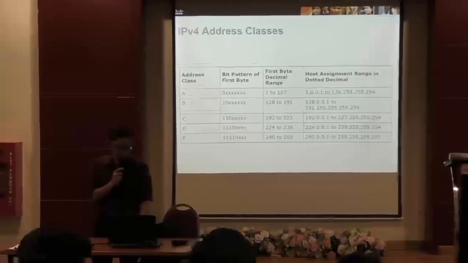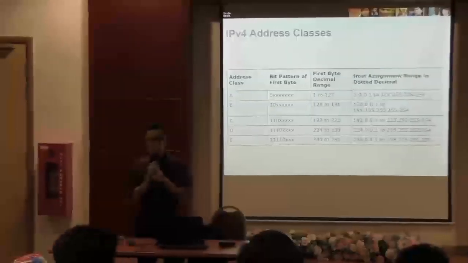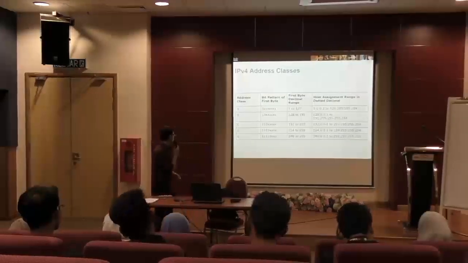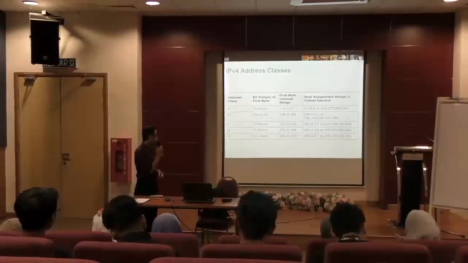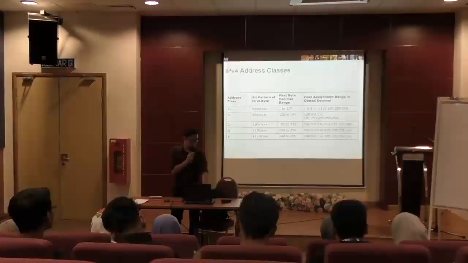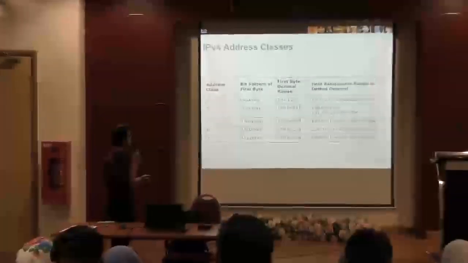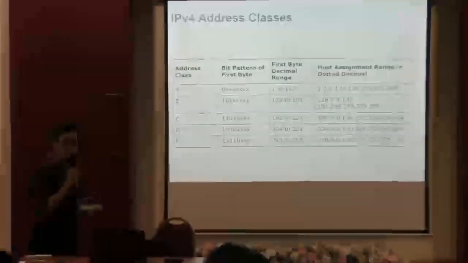So we go to the classes. IPv4 has classes. There are 5 classes: A, B, C, D, E. A starts with the number 1 to 127. B starts from 128 to 191.